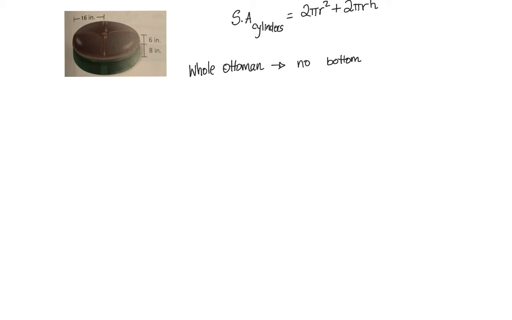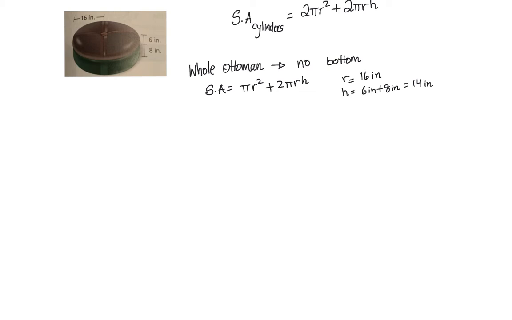The surface area of this ottoman is simply going to be pi r squared plus 2 pi r h, where I have these dimensions given. The radius is given as 16 inches, and the height of the entire ottoman is the 6 inches plus the 8 inches, which is 14 inches. So I'm going to go ahead and start plugging those in.